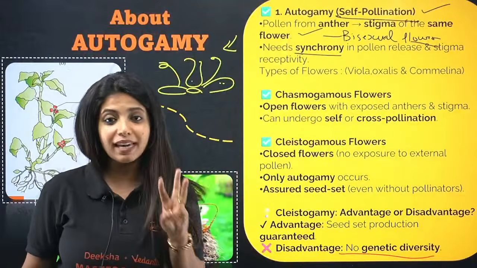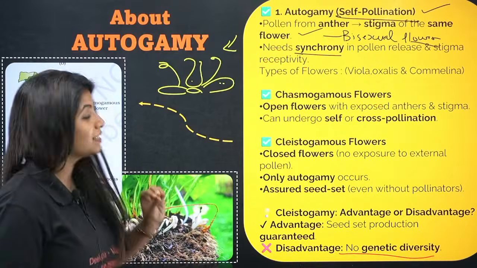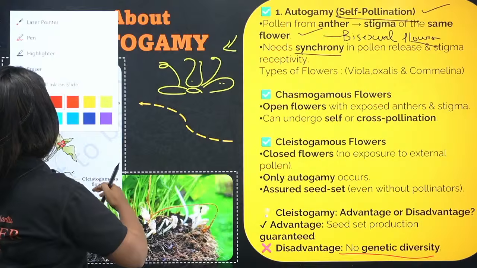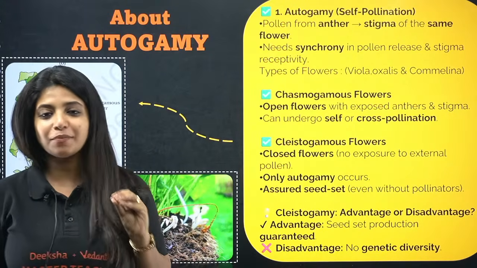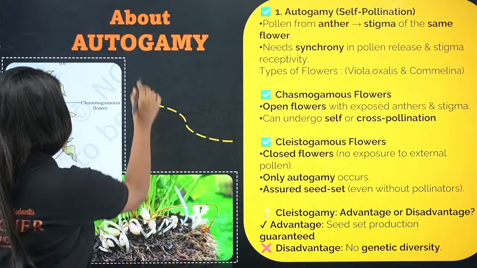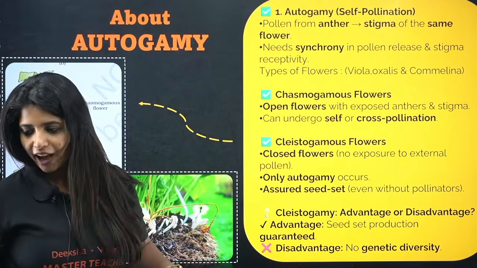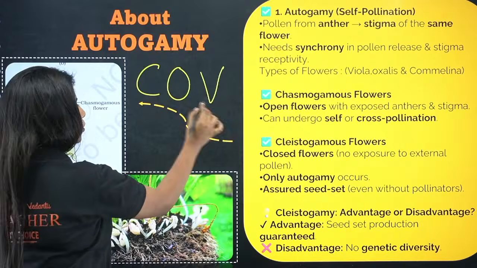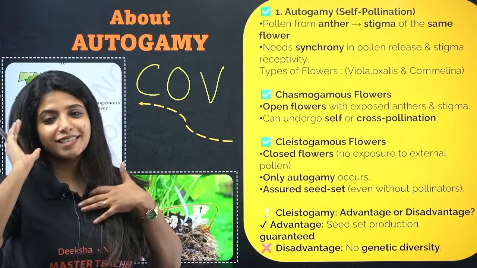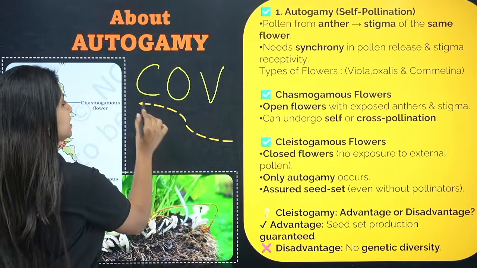And we have three examples of plants which have both types of flowers, and the best way to remember them is moo. What is moo? Cow. I know that cow has W, but over here this cow has V. What does C stand for?